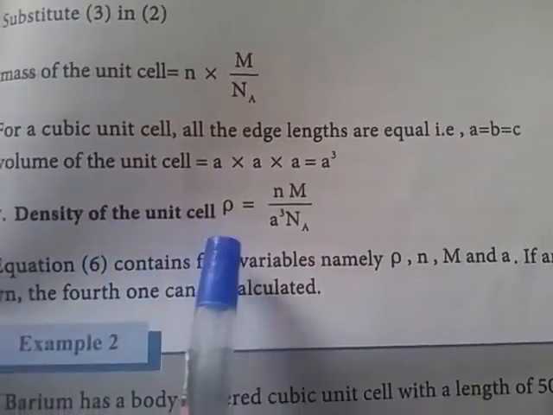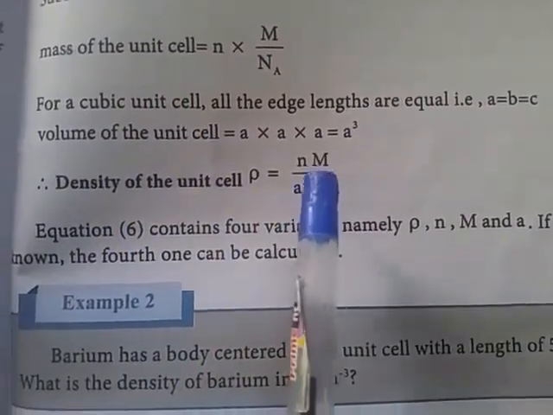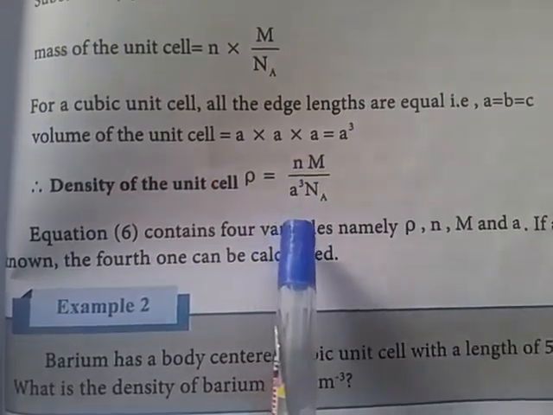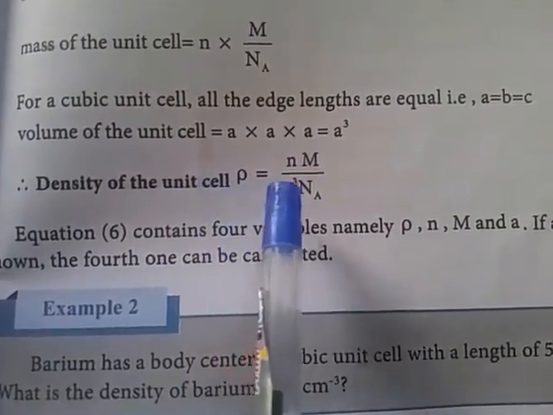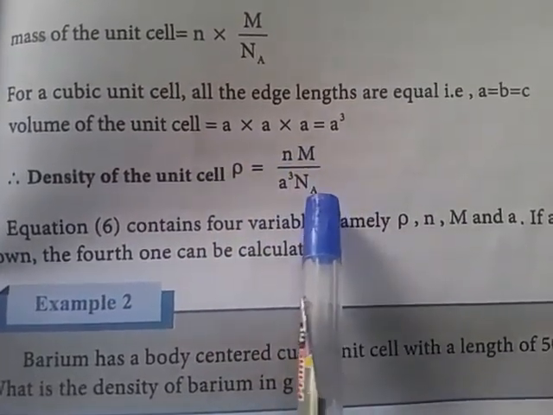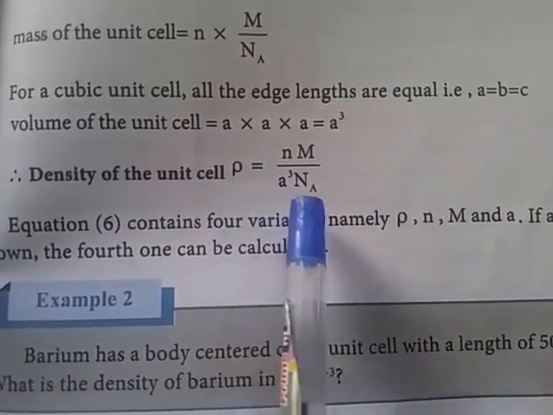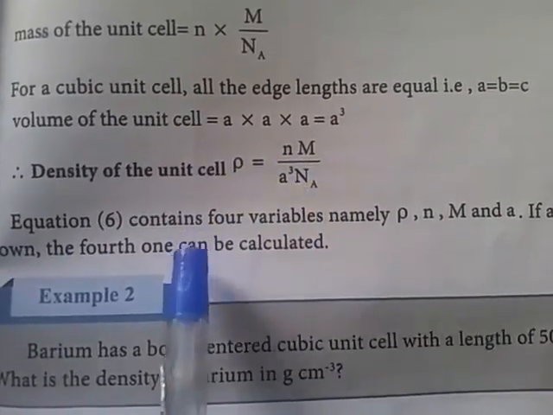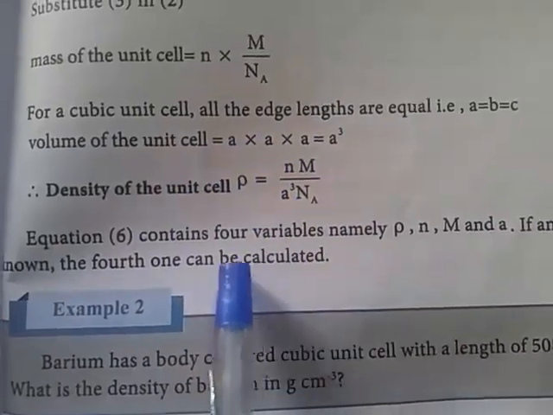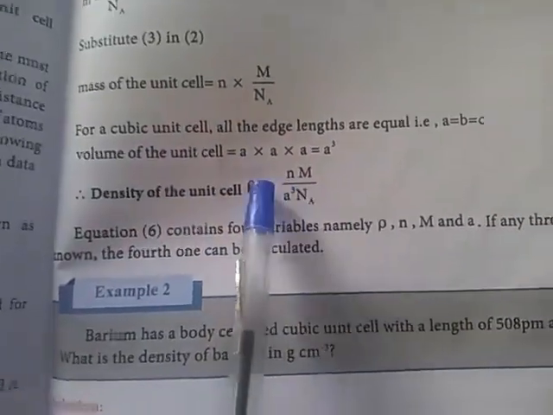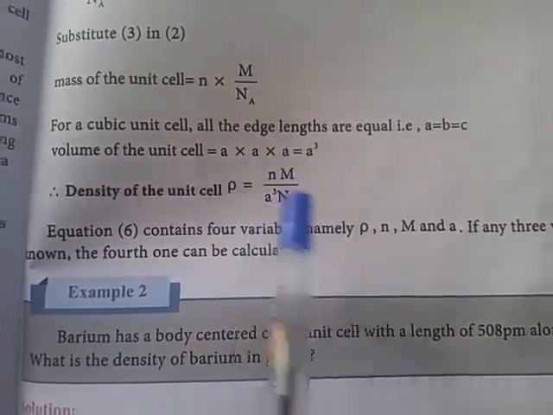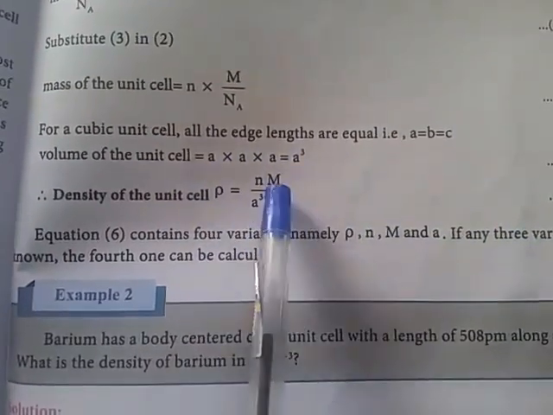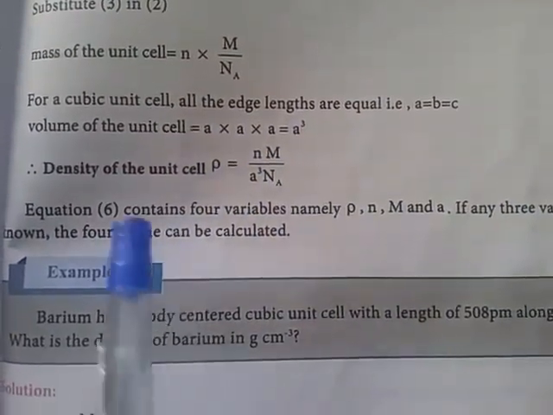Density rho is the mass of the unit cell divided by the volume of the unit cell, so rho equals n into M by Na divided by a cube. This equation contains four variables: rho, n, M and a. If any three values are known, we can calculate the fourth value.